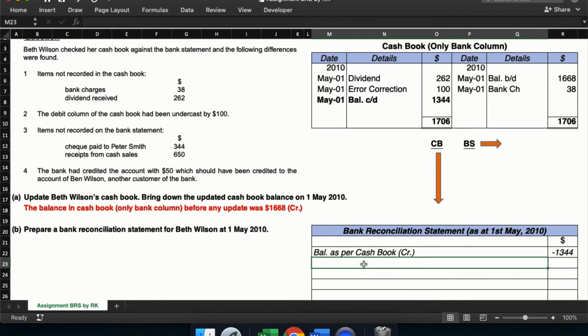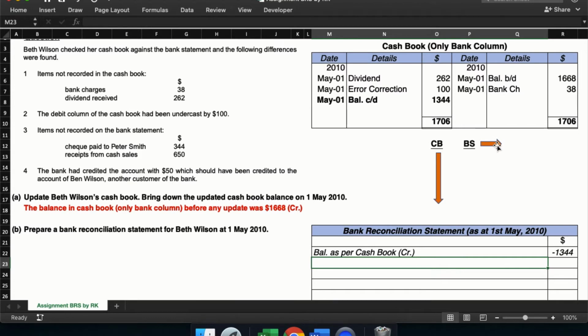Now we will consider those transactions which were recorded in the cash book but not entered in the bank statement. Here we have those transactions. Point number 3, items not recorded in the bank statement. The first item is a check paid to Peter Smith. We gave a check of $344 to Peter Smith and we entered it in the cash book, so the cash book balance decreased. But Peter Smith didn't present the check for payment, so the bank statement balance is as it is.